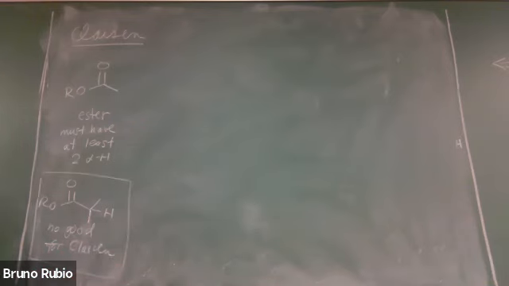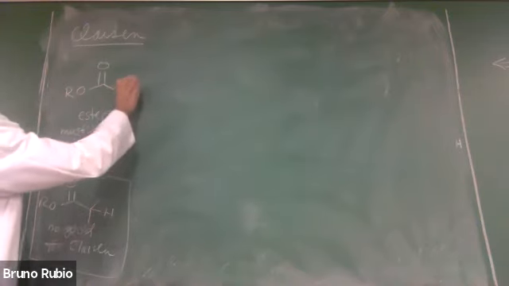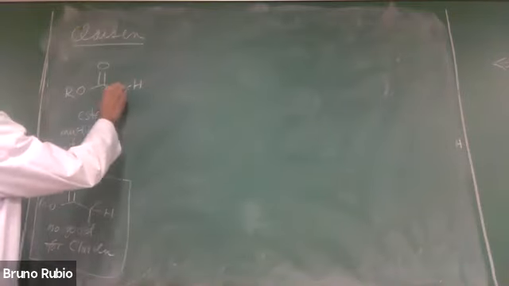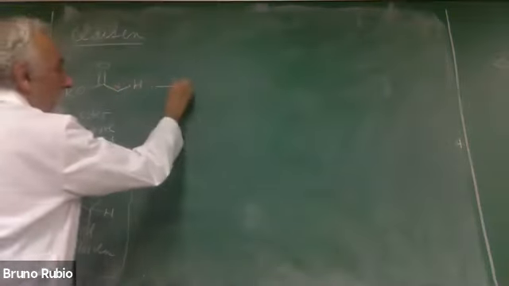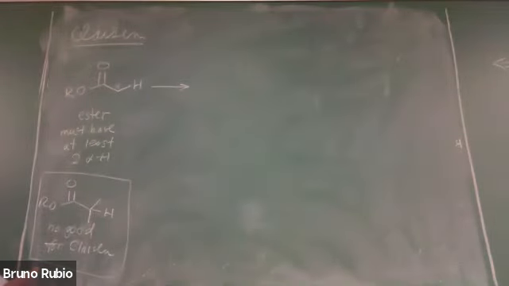So the nucleophile in the Claisen is nearly always going to be an ester, but there must be at least 2 alpha protons on the alpha carbon. So there's my alpha carbon. Now I'm going to enolize it. That's going to be my star.